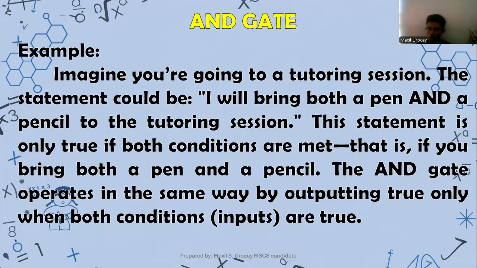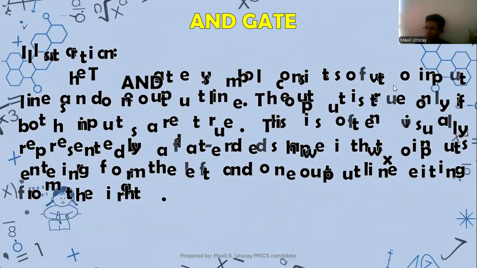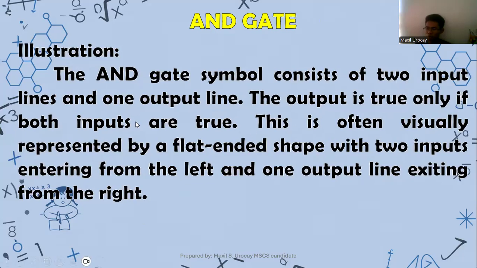And for the illustration of this one, the gate symbol consists of input lines and an output line. The output is true only if both inputs are true. This is often visually represented by a flat-ended shape with two inputs entering from the left and one output line exiting from the right.